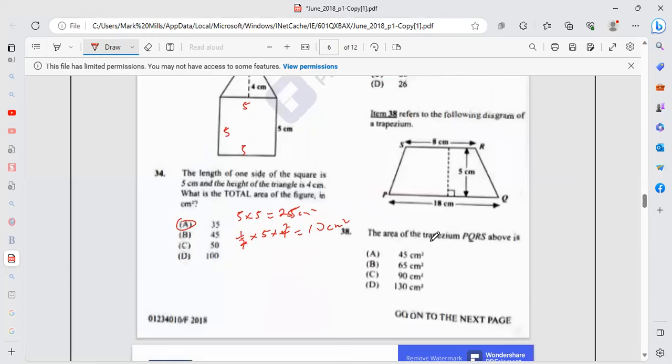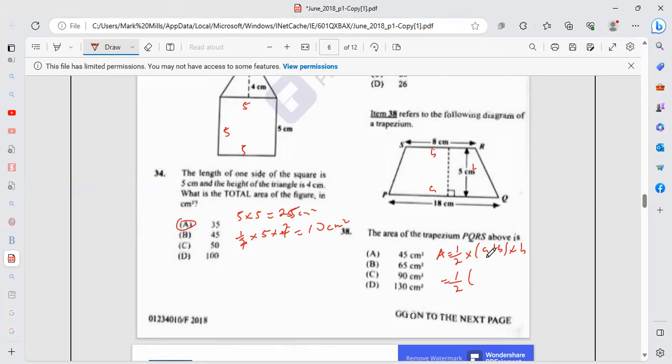Trapezium. So you have to know the formula for the area of a trapezium. Area of a trapezium is half times the bracket A plus B times the height. Any of the two parallel sides should be A and B, and the other one is the height.